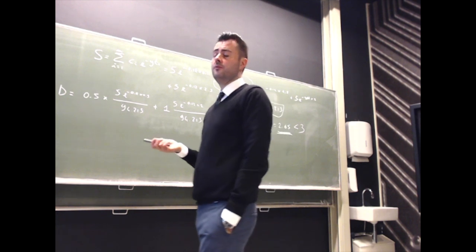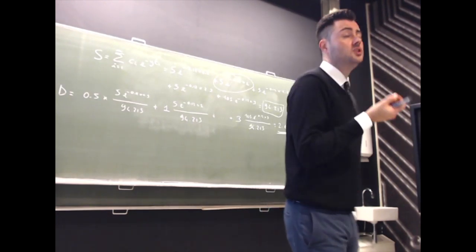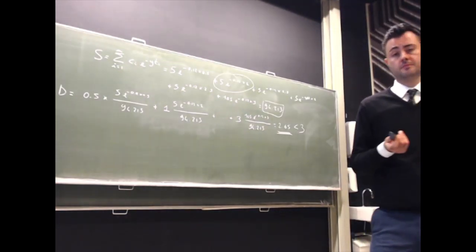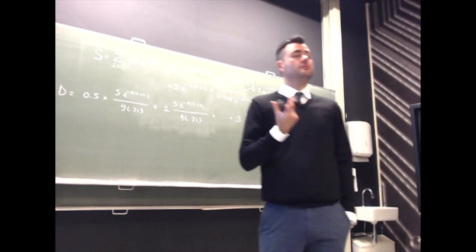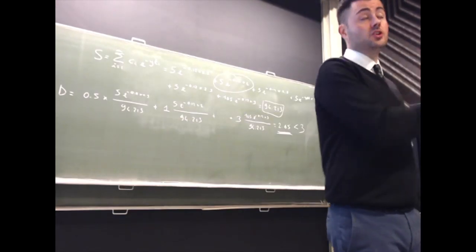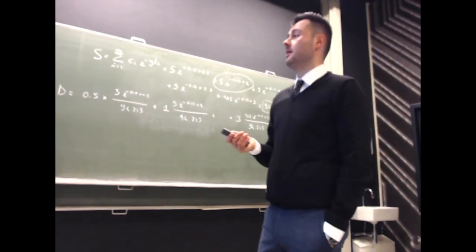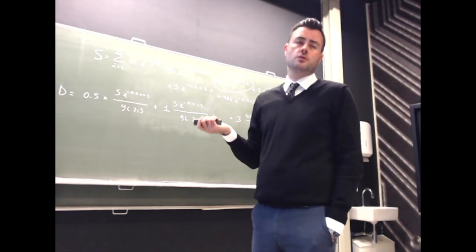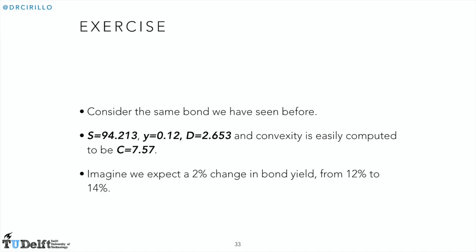In our example before, we had a yield of 12% and a change of 10 basis points. But if the change in the yield is bigger, as if the change in the prices were bigger when we were using gamma, then we have to introduce convexity. And we can see that with a simple example.